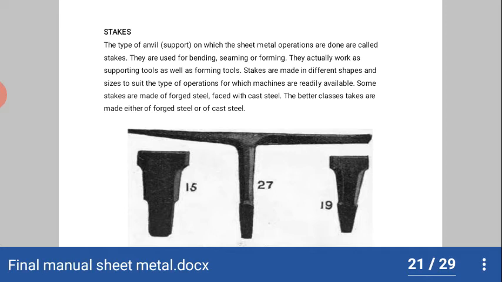Students, stakes are also made from hardened stainless steel, forged steel or cast steel. Different shapes of stakes are available. The shapes of stakes are classified as per the type of work material and the type of bend that we want to provide.